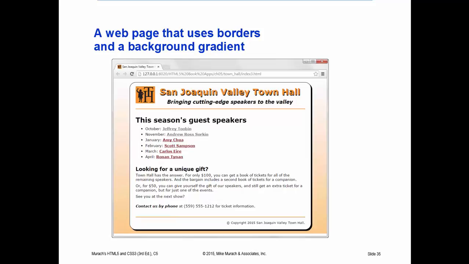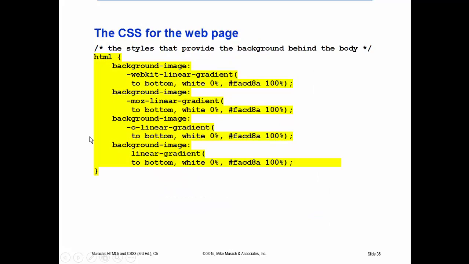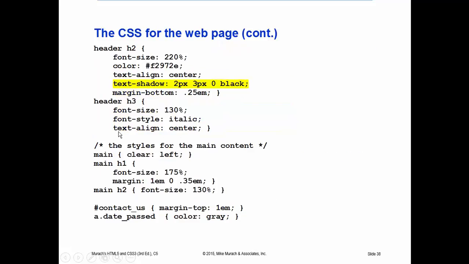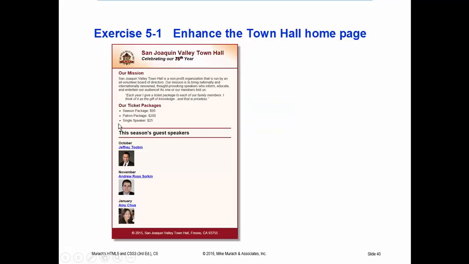The border around the body has rounded corners, as you can see, and a drop shadow. The background behind the body, again, is a linear gradient, and if you use a browser that doesn't support linear gradients, it's just ignored. The associated CSS is shown on page 195 in the book, and on several pages in here.